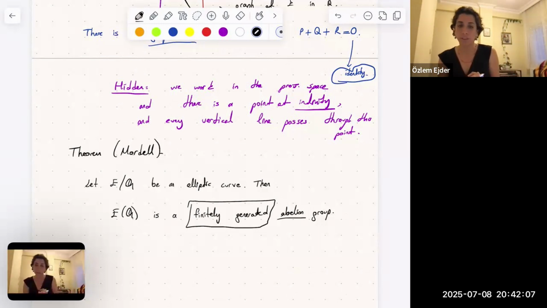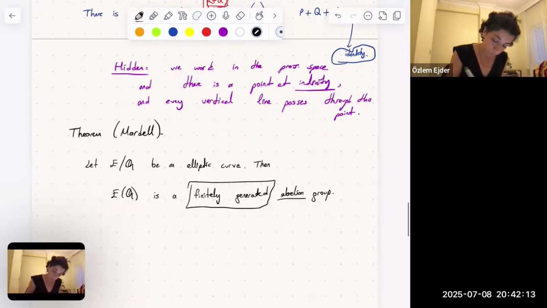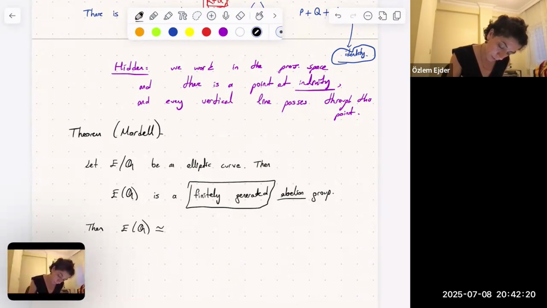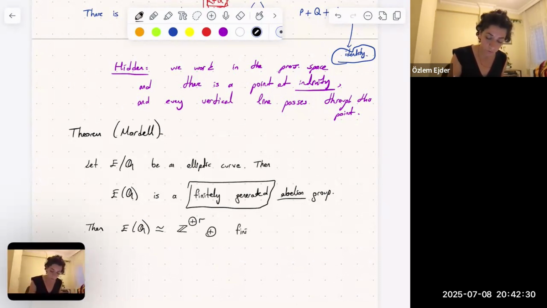And we have a classification of finitely generated abelian groups. We have a theorem that says the following. If it's finitely generated, then E(Q) looks like this: you have a bunch of copies of Z, R of them, which is the infinite part, plus some finite group here.